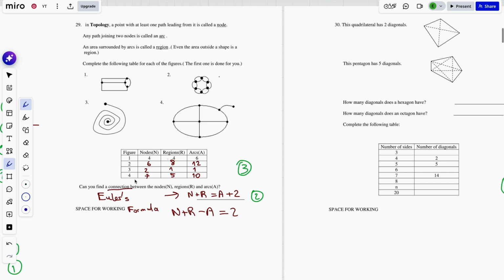Precise enough connection between n, r, and a, okay? Or perhaps it said something like when you add together n plus r, as that sum goes up, so does the number of arcs. Again, it's true, but it's not precise enough. Really, you want to notice that when you add together these two, you get 2 more than the number of arcs. Right? So 6 plus 8 is 14, minus 2 is 12. But again, more on that in the separate video.